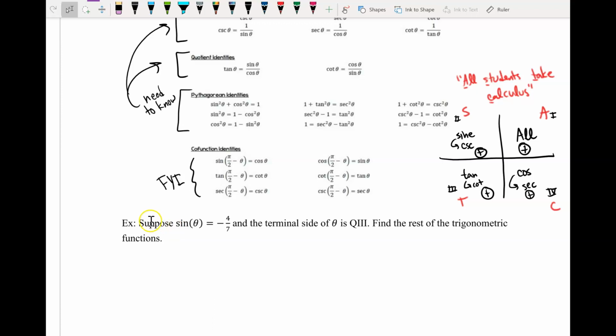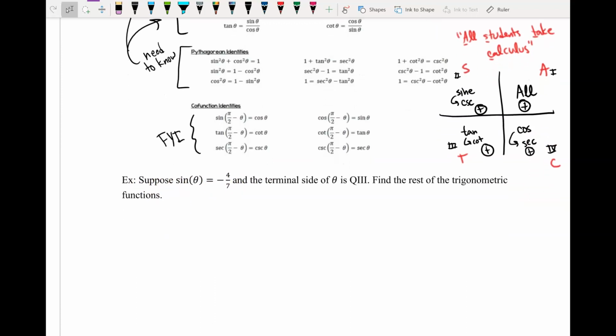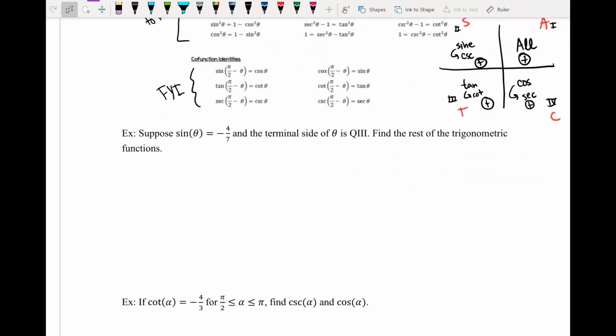Okay, so let's go ahead and show you how to do this example. I'm going to do it 2 different ways. We want to find the rest of the trigonometric functions. The first way that I'm going to do is using the Pythagorean identities. We know here theta is in quadrant 3. Let's take note of that.